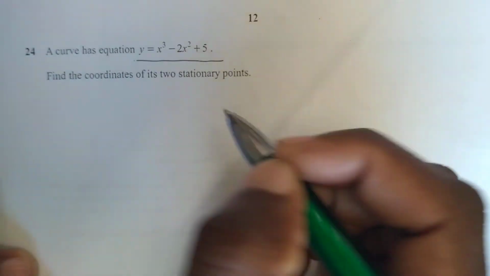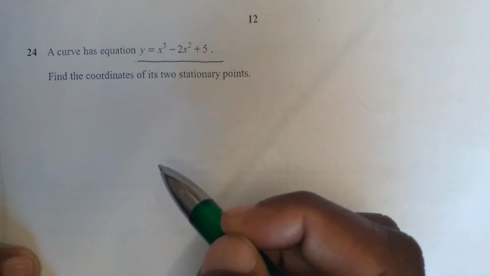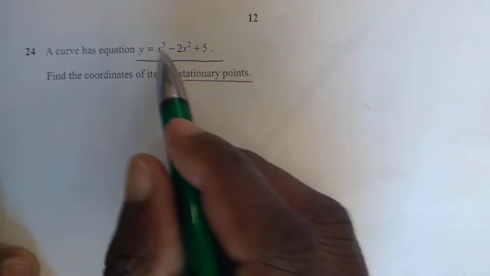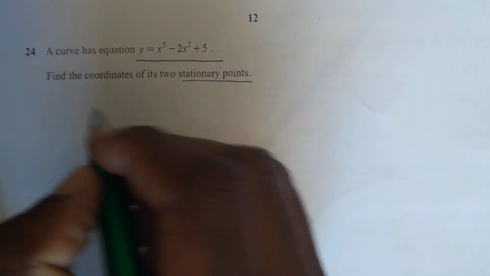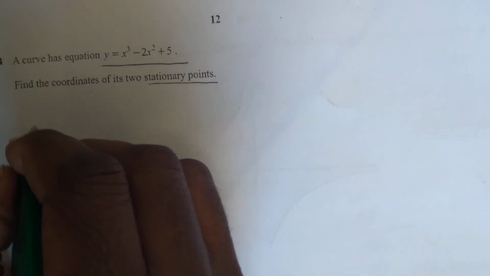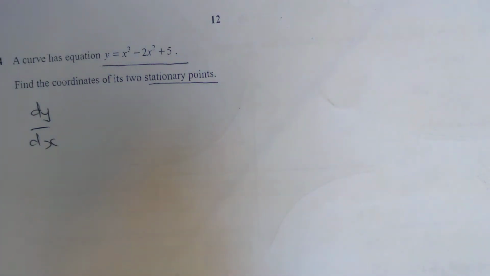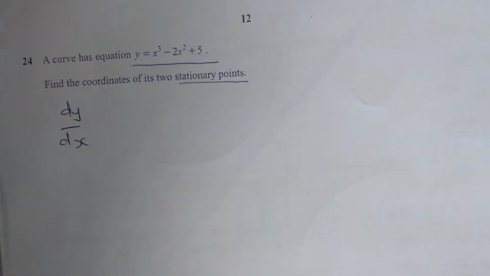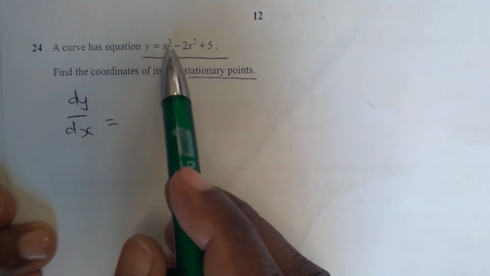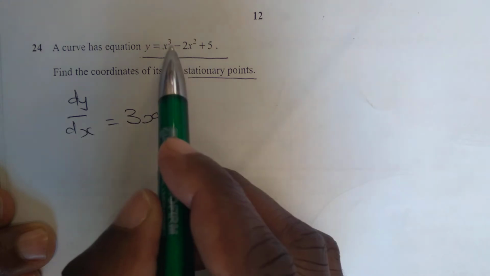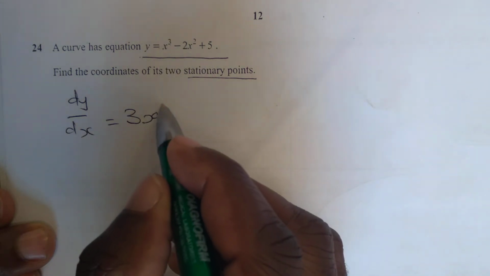This one is an equation, y equals x cubed minus 2x squared plus 5, and we want to find the stationary points or the turning points of this graph. So for us to find the turning points or the stationary points, we need to differentiate or find dy dx, which is found by saying 3, you take 3 down there, you put your x, and then you subtract 1 from this power, so you get 2.